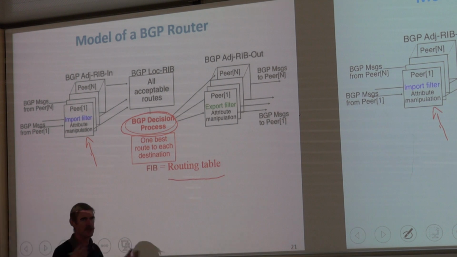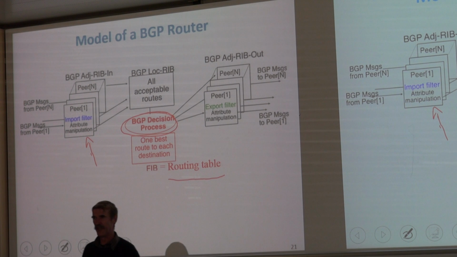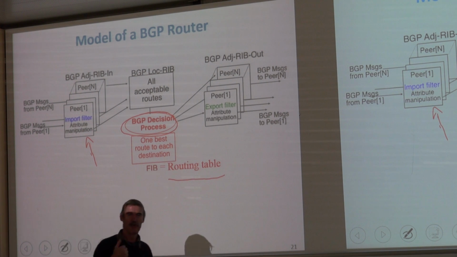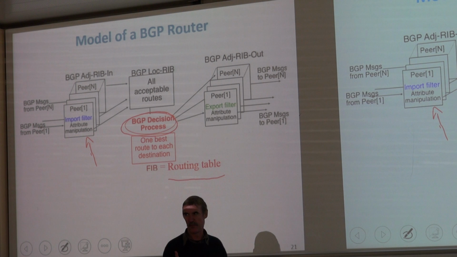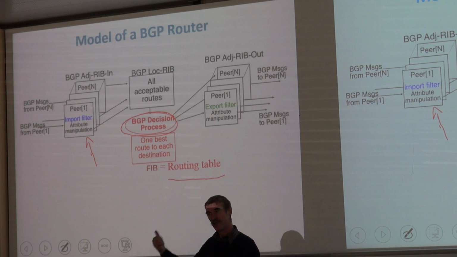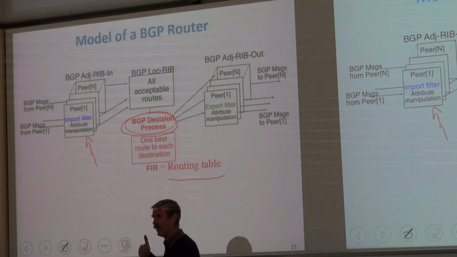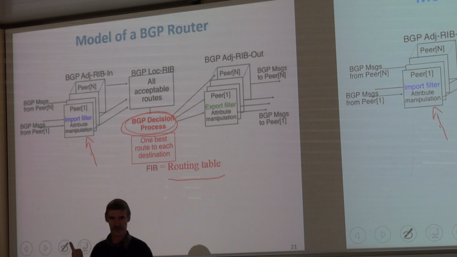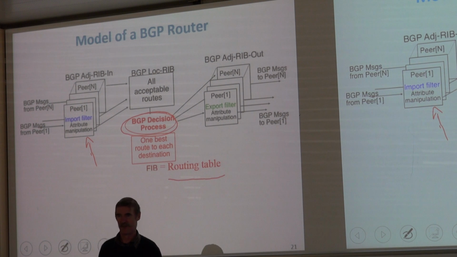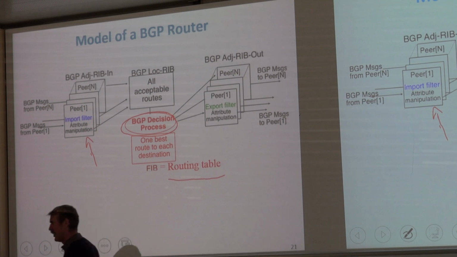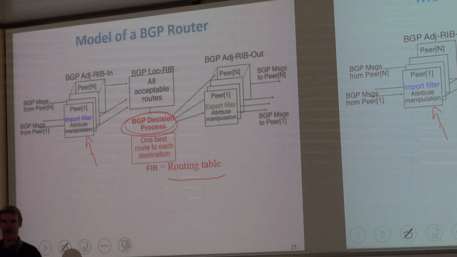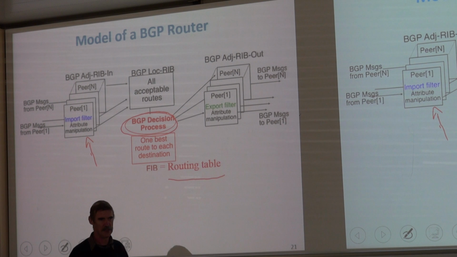Companies like Swisscom are connected to several tens of peers, so they have tens of possible routes to go to a remote destination. But a Swisscom router picks only one as the best, and when it informs other routers, it will only inform them of their best route. So we don't propagate other information than the one we have chosen for ourselves. So it's like a sanity check. If I say something to you, it means that is the thing in which I believe. I don't give you a route that I have not selected as the best route.